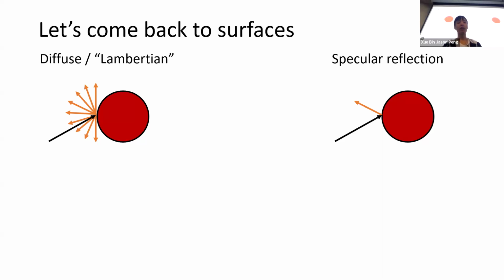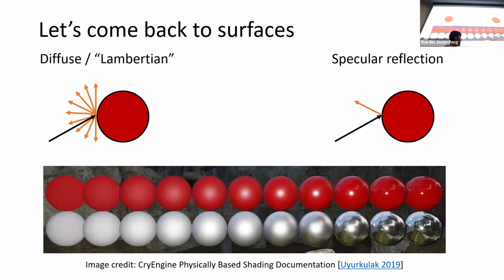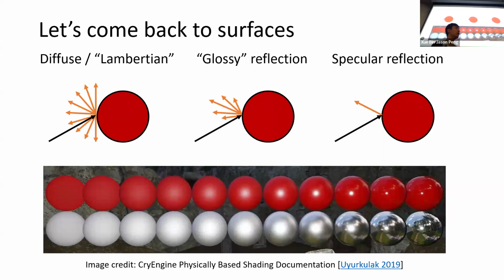If you look at the different types of surfaces that we see in the real world, they're generally not perfectly rough and they're not perfectly smooth. They often fall within some range in between these two extremes. Most of the objects that we see in the real world are some mixture of the two, and we refer to these surfaces as glossy surfaces.